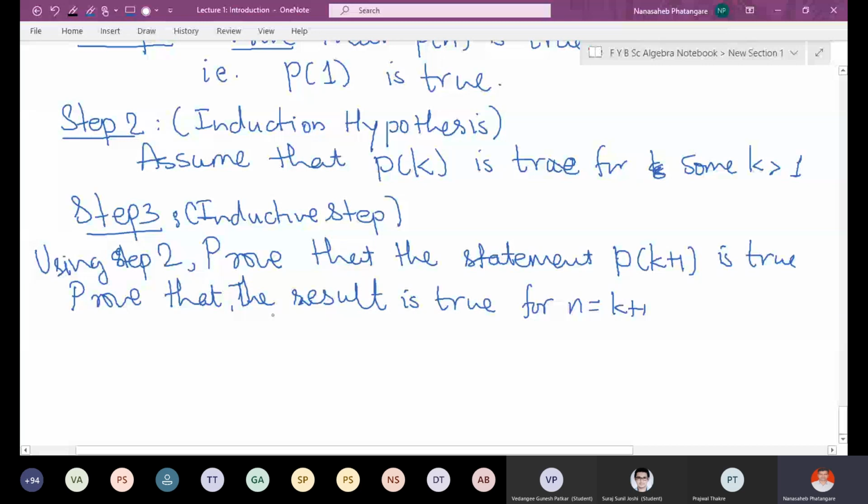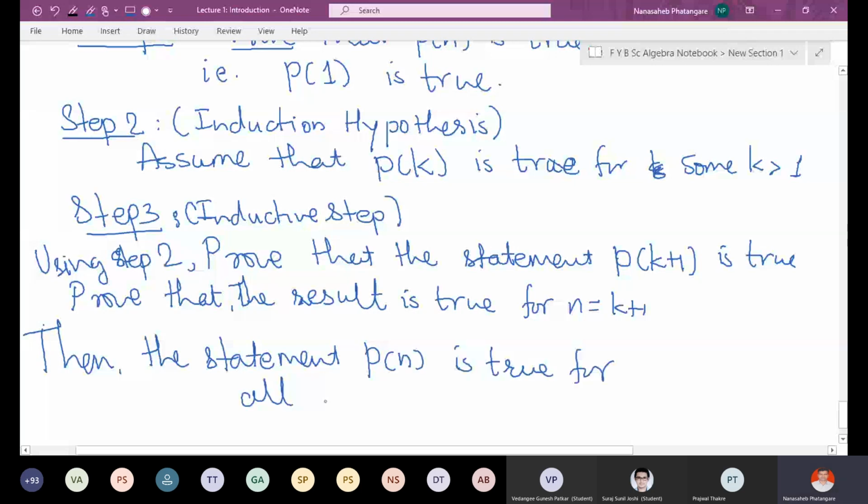Then what is the conclusion? Then the statement Pn is true for all natural numbers. Now there must be a natural question in your mind: how can we declare from these three steps that it is true for all n?